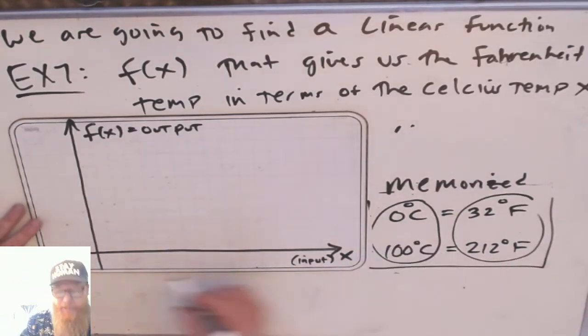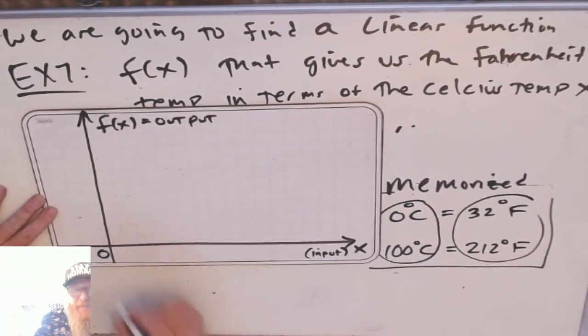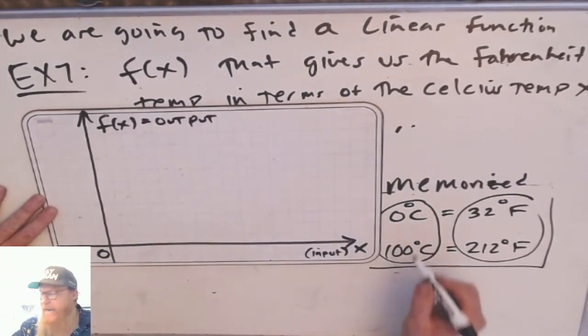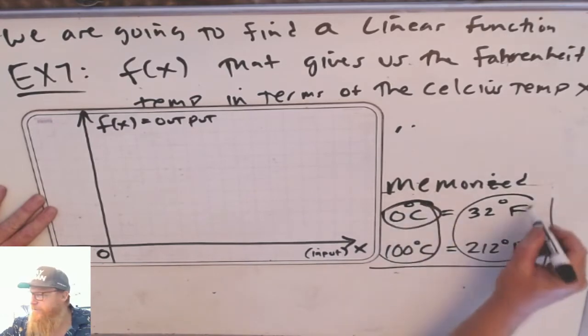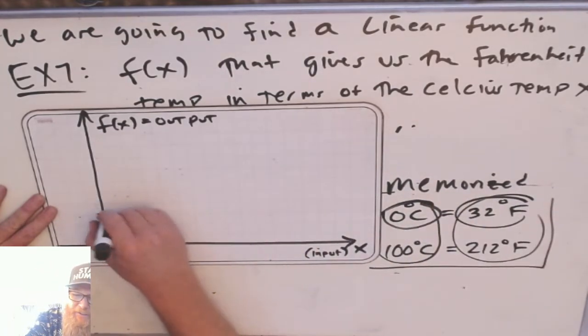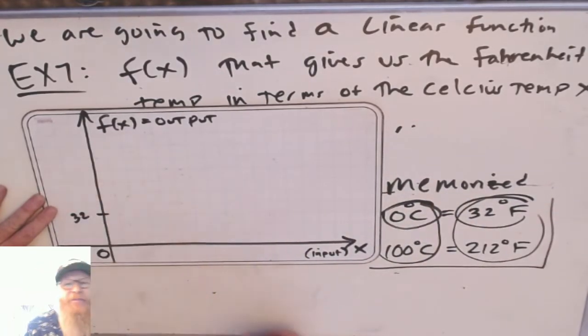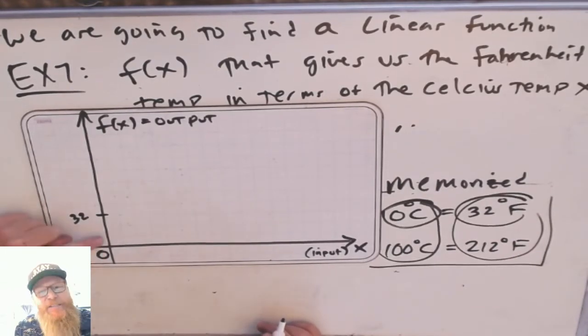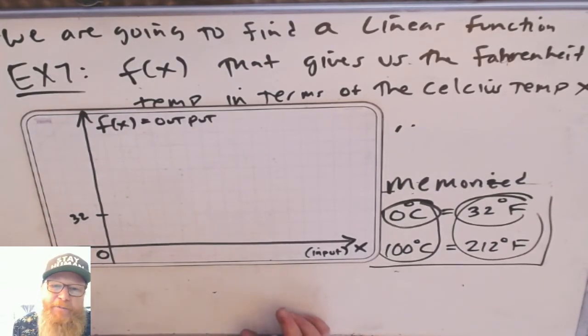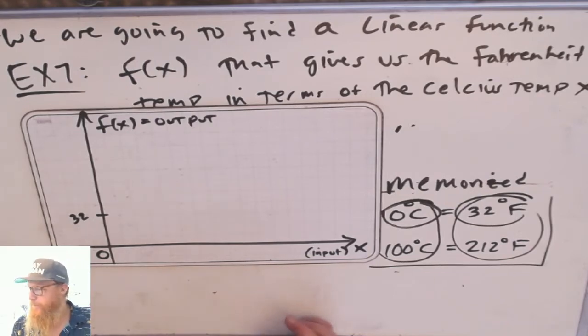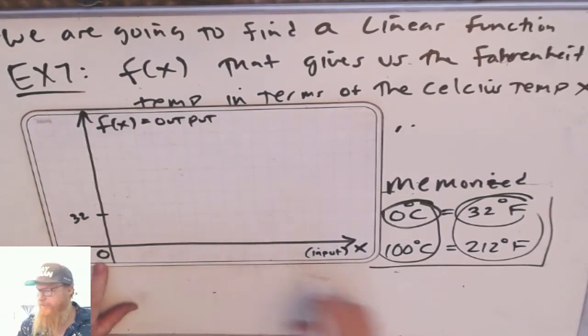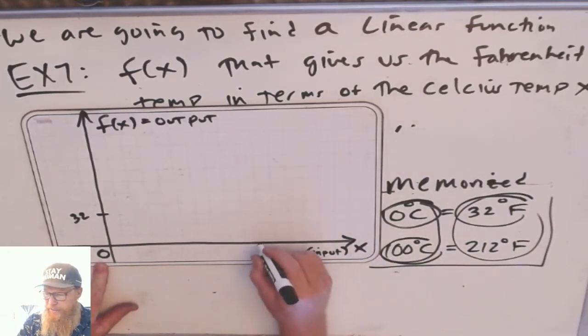So 0 degrees Celsius means that you are here, 0. That's x. And then f of x is 32. Now I'm just going to make a mark and call that 32. I'm obviously not going to count 32 steps on this graph board. I don't have a big enough graph board. And then the same thing here for Celsius. I'm going to go 100.